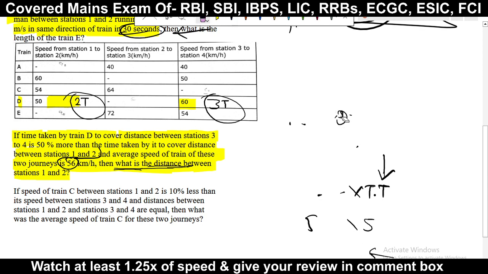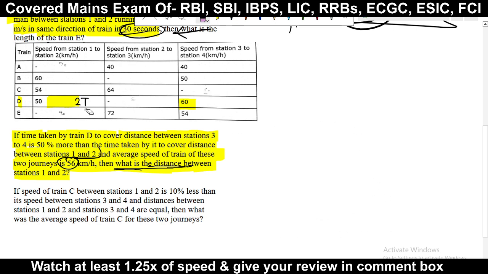Now just read the next question. What is given there? If the speed of train C between 1 and 2 is 10% less, then what is its speed between 3 and 4?